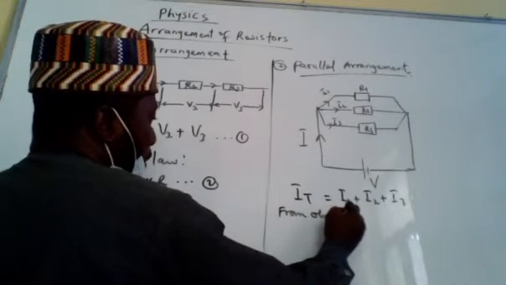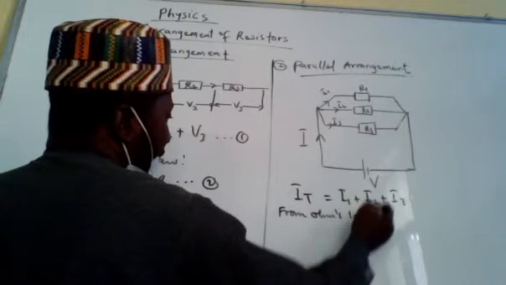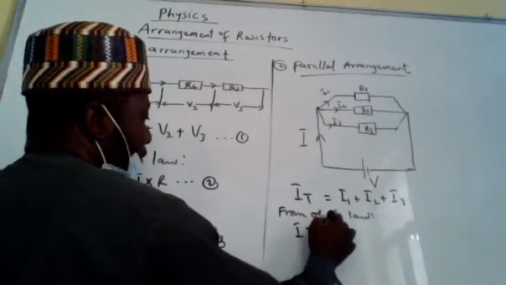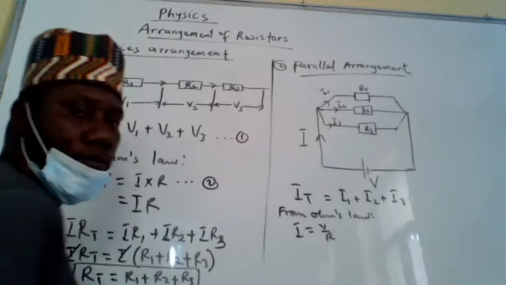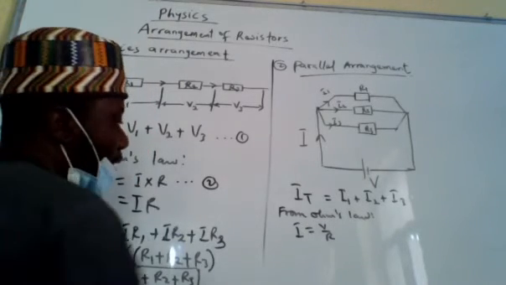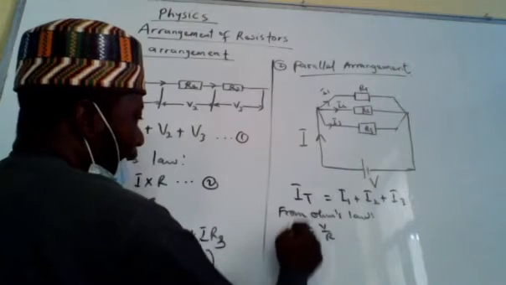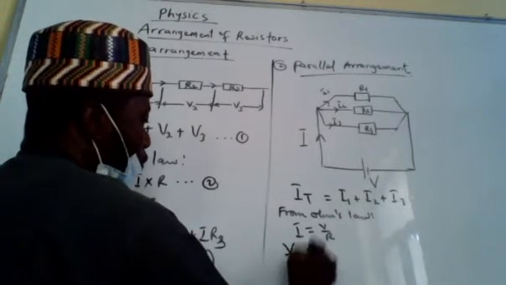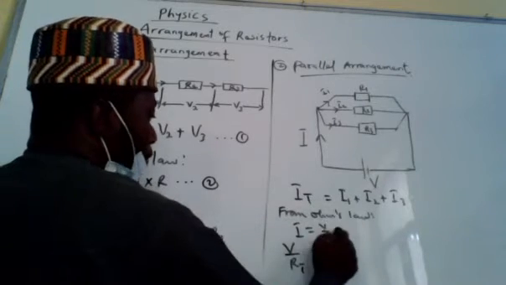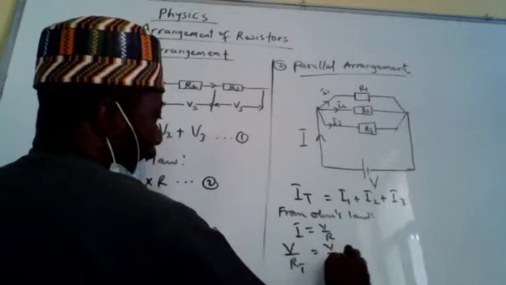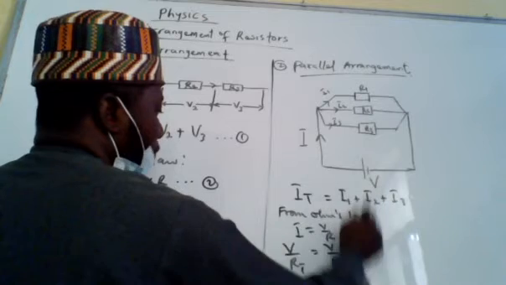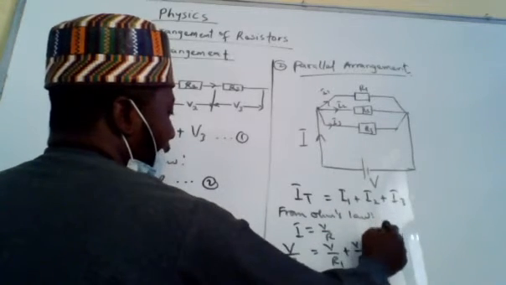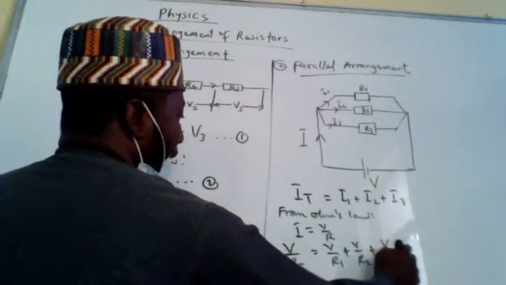From Ohm's law, we have learned that current is V over R. Therefore, I total, that is V over R total, is equal to I1, which is V over R1, plus I2, which is V over R2, plus I3, which is V over R3.